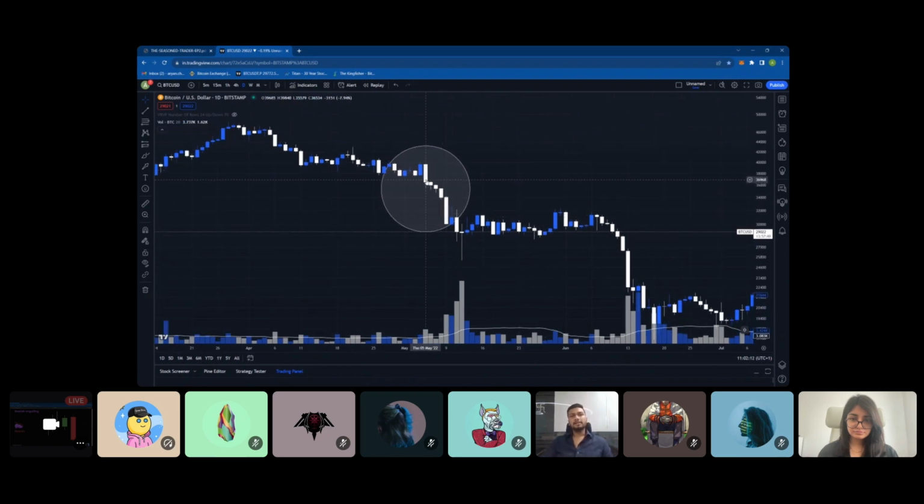Right. So I see one after the other bearish candles, and I see that the volume is also slowly increasing. In this candle, we have little volume. Then in this candle, we have higher volume. And finally, in this candle, we have even higher volume.